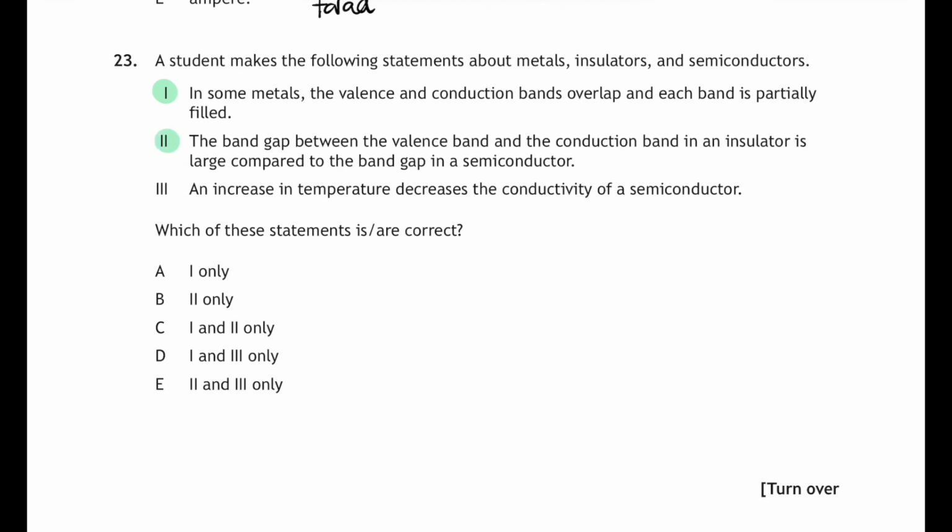That's correct as well. And statement 3. An increase in temperature decreases the conductivity of a semiconductor. That's incorrect, because an increase in temperature will decrease the resistance of a semiconductor. So it's 1 and 2 only. That's answer C.